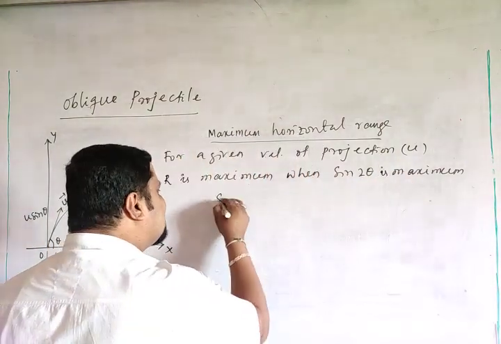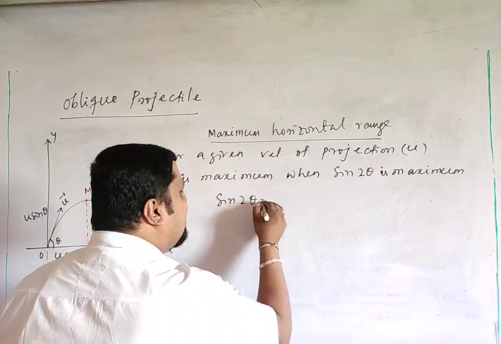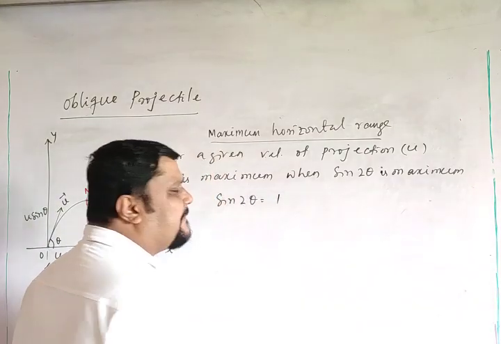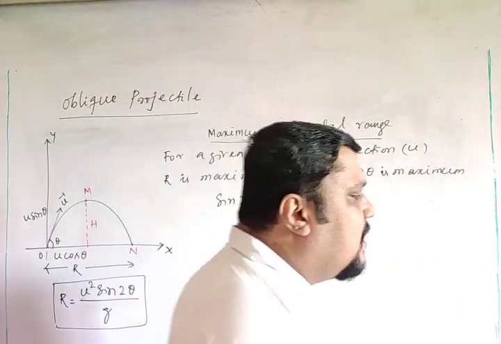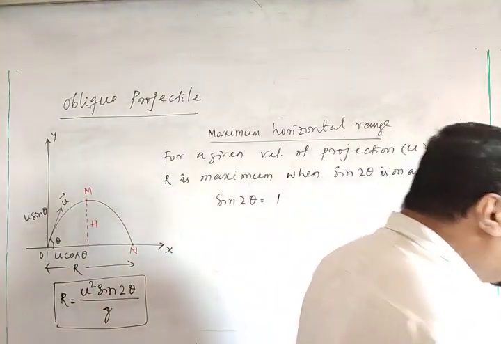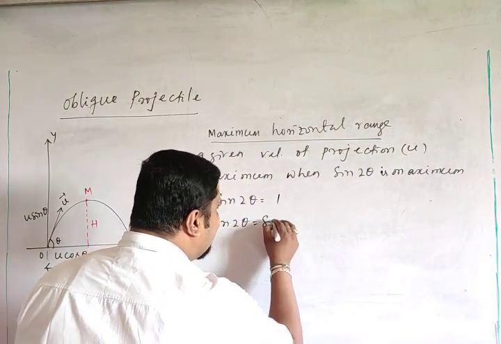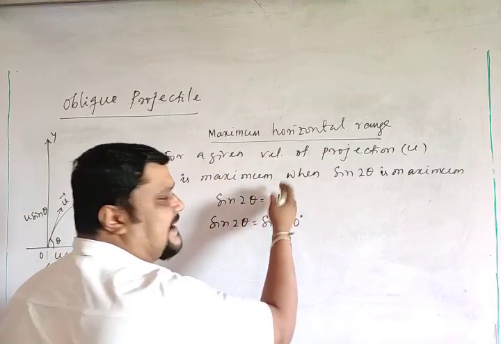What is the maximum value of sin 2 theta? The maximum value of sine of any angle is plus 1. So sin 2 theta should be equal to 1, which I can write as sin 90, since sin 90 is 1.